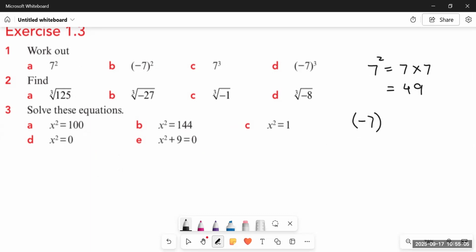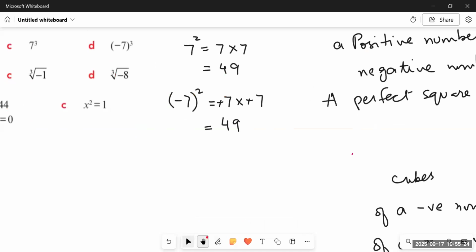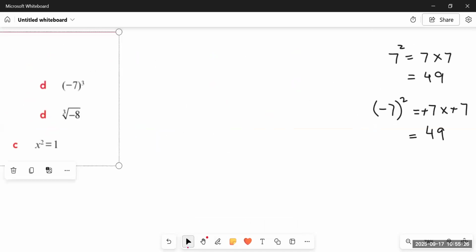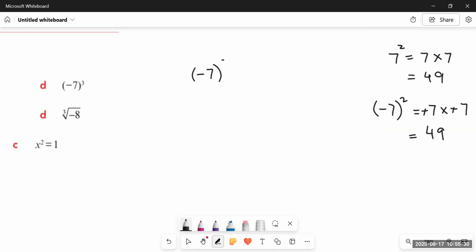-7 square means, okay, there's also a difference. We'll discuss it. When the minus sign is inside the bracket and there is a power, it means we have -7 multiplied by -7. So minus minus cuts each other, and the answer to -7 whole square would also be positive. But let me tell you one thing over here. There is a difference between (-7) whole square and -7 square.